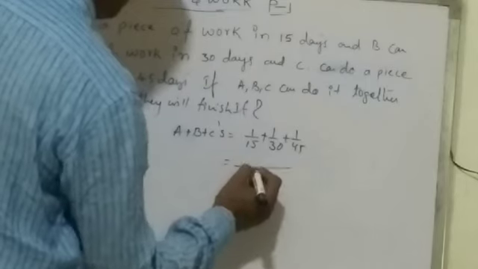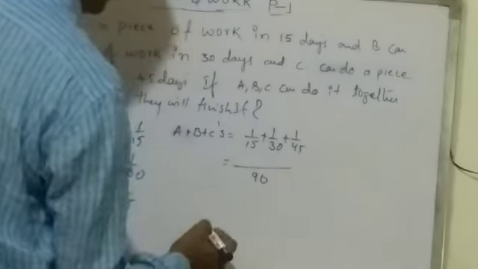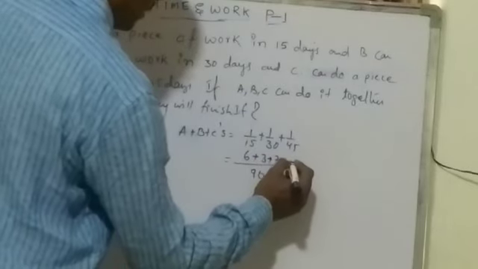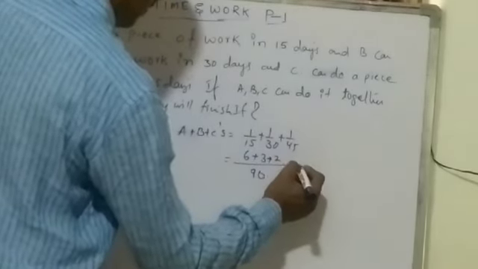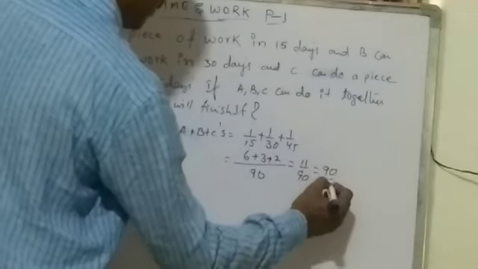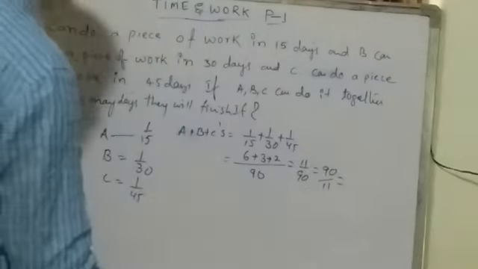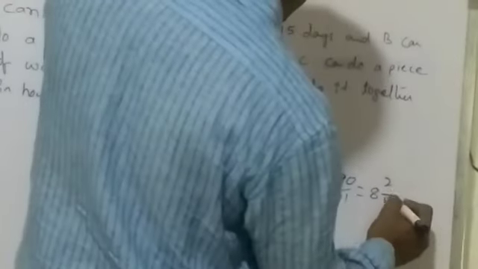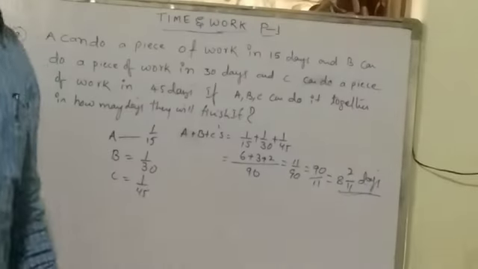The LCM will be 90. So it will be 6 plus 3 plus 2 is equal to 11 by 90. That is equal to 90 by 11, which is 8 2 by 11 days. This is the general method.